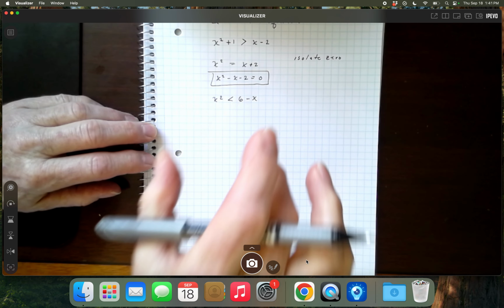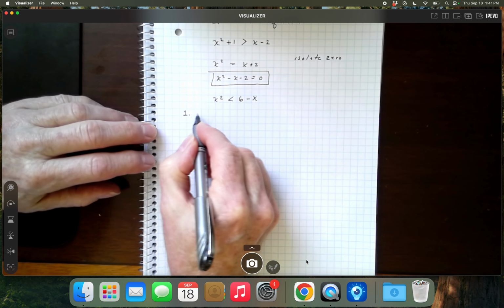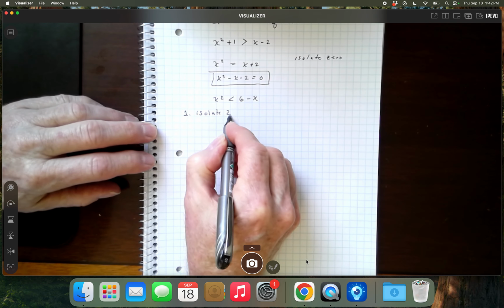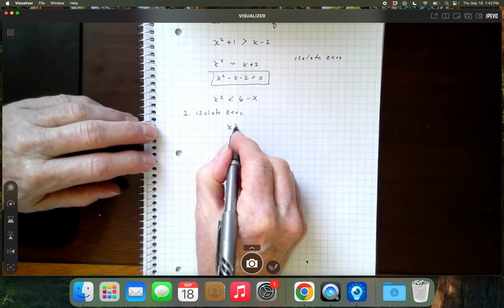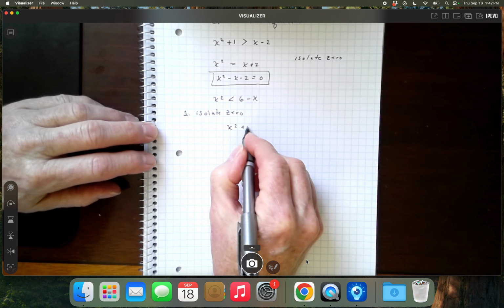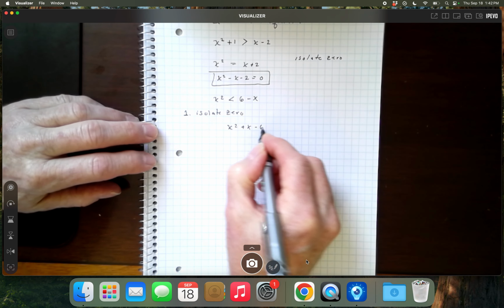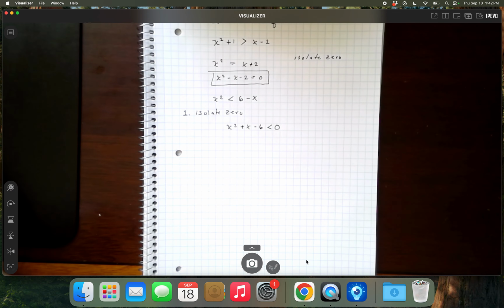Step 1, isolate 0 on one side. Let me write that down. So I'm going to get x squared plus x minus 6 less than 0. And therefore we want to solve that.